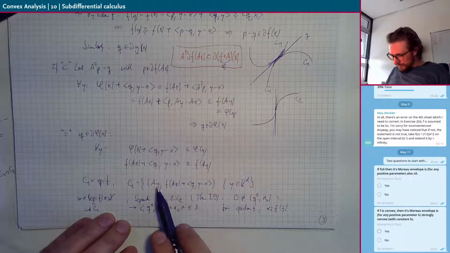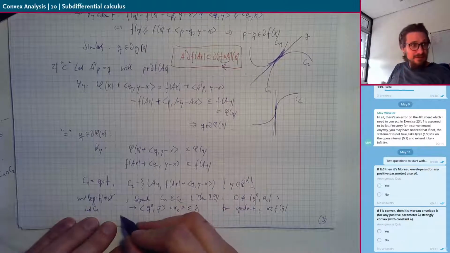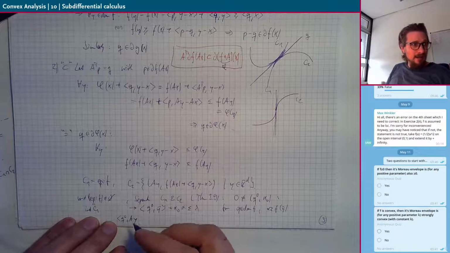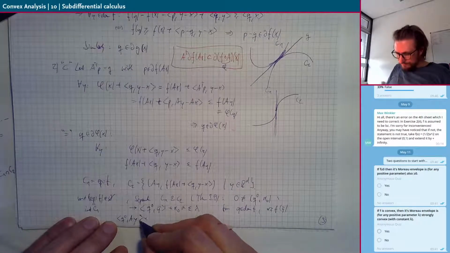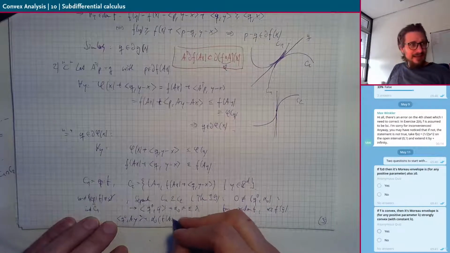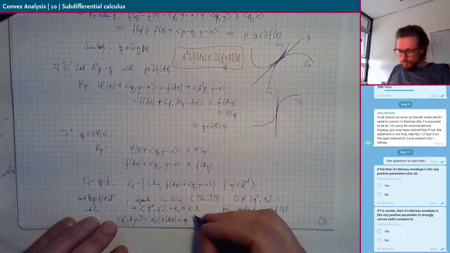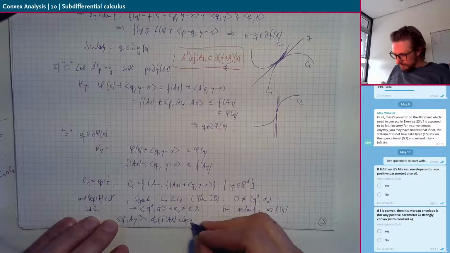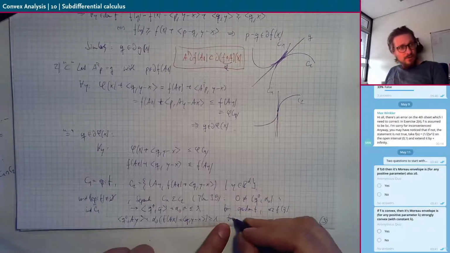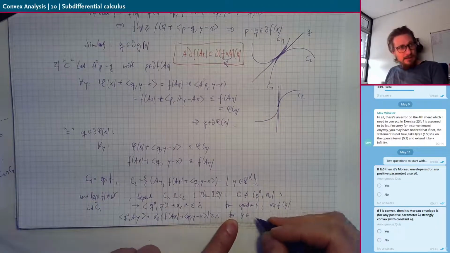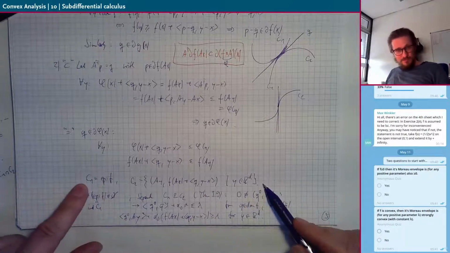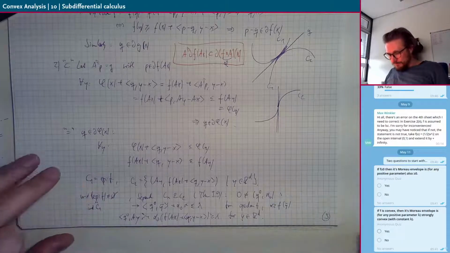So we have to test with these guys here. So it says that q0 times Ay plus alpha 0 times this here, f of Ax plus q inner product y minus x, is then larger equal to lambda for all y in R^d. So this is now the separating hyperplane for these two sets.